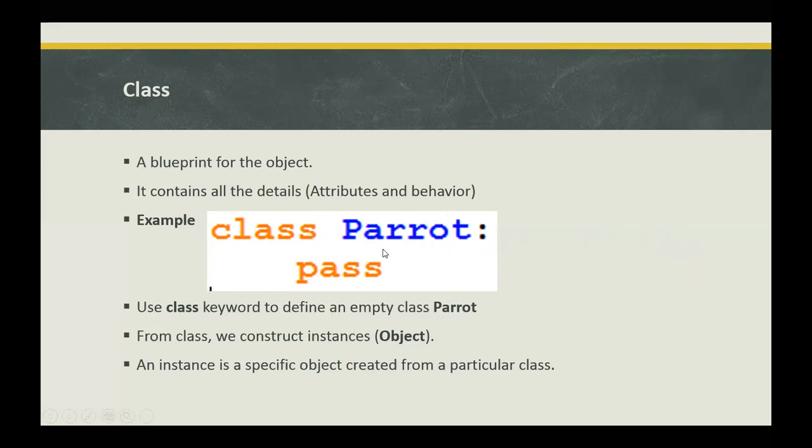This is an empty class, where we are not defining any attributes or methods. From a class we construct an instance, which is also called an object, like class is bird and parrot is an object. An instance is a specific object created from a particular class.